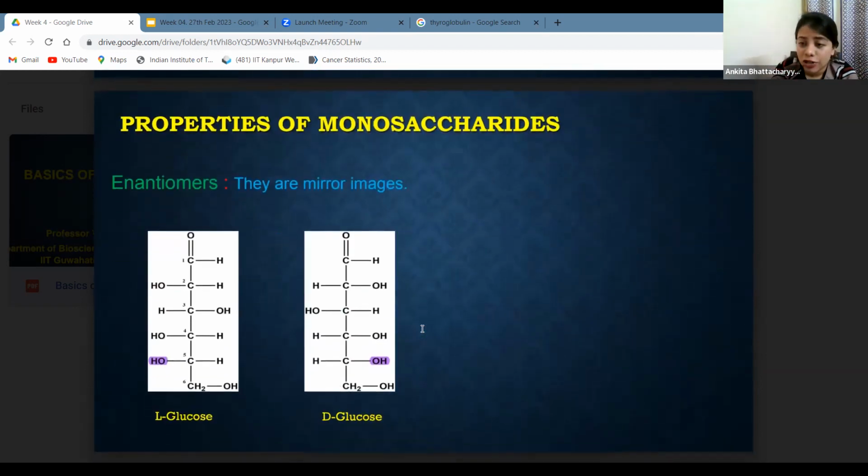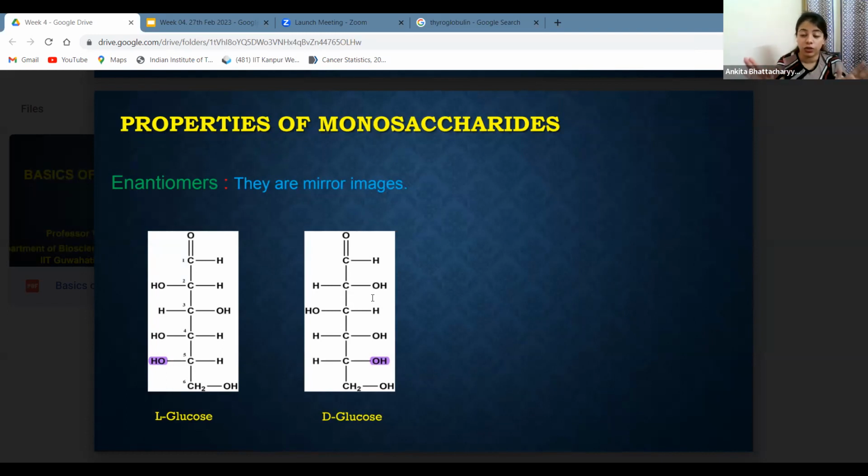Then come enantiomers. The most common definition that we've been learning for a while is that they are non-superimposable mirror images. Here it's just mentioned as mirror images. If you imagine a mirror kept here, the two sugars would have points lying at the same distance from the mirror plane, and they would form a different molecule.